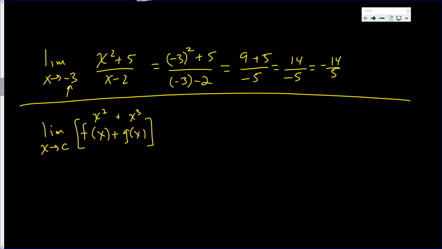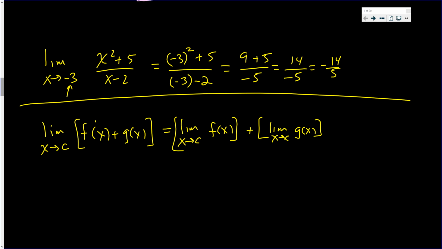This is equal to the limit as x goes to c of f of x. Calculate that answer and then add on the limit as x goes to c of g of x. What this is saying is that the limit can distribute over addition.